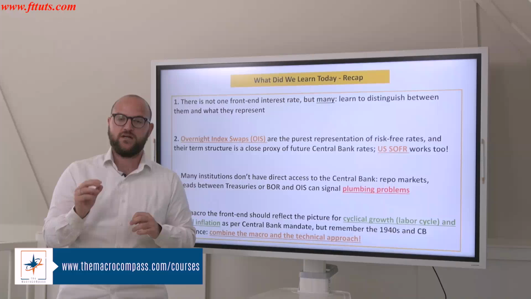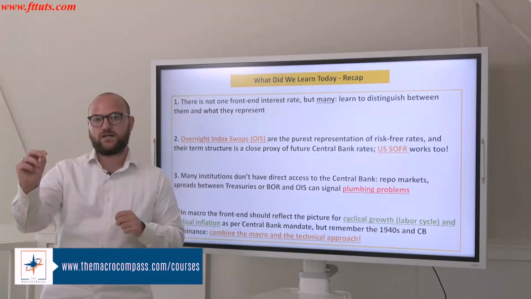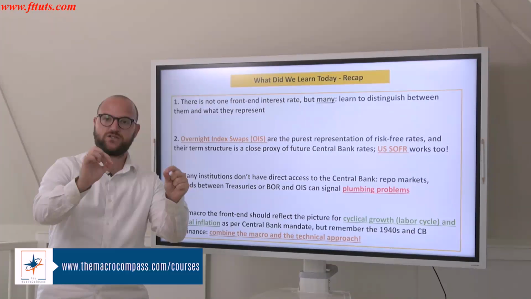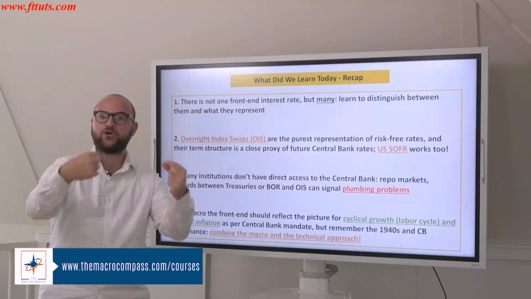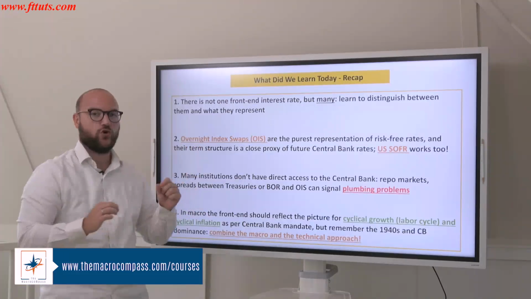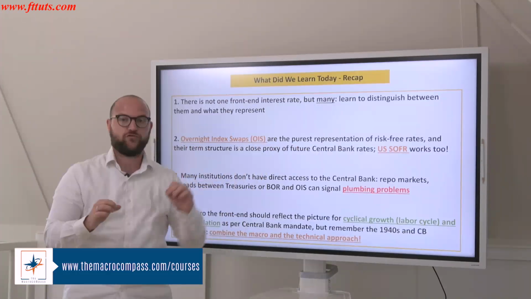So remember, many institutions out there do not have access to the Federal Reserve. As they don't, they need to use other markets, the repo, the treasury market, for example. So tracking these markets as well will add a layer of complexity. When it comes to risk-free rates, you only want to focus on the overnight index rate, or on SOFR for the US.